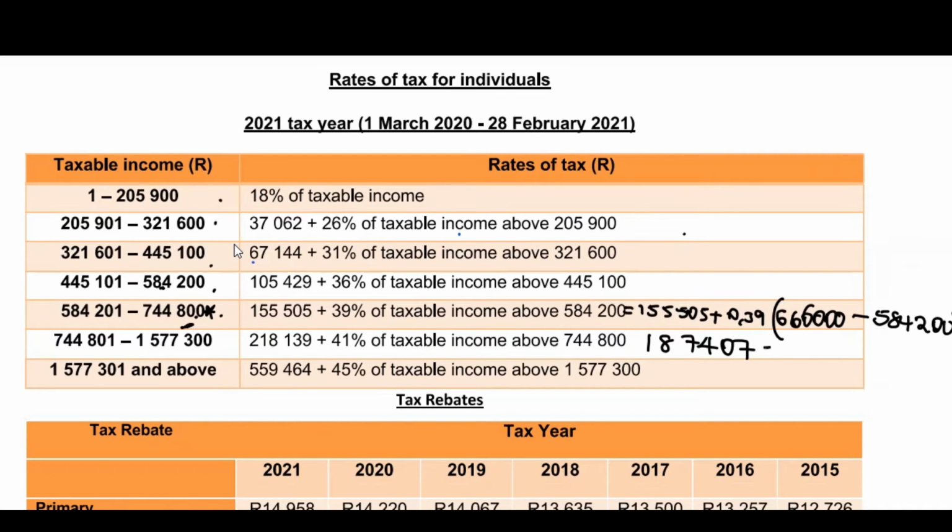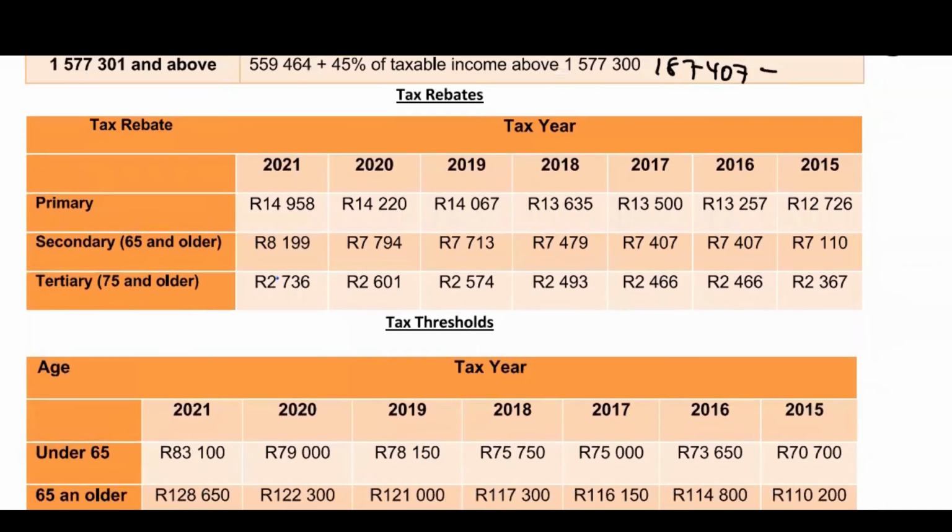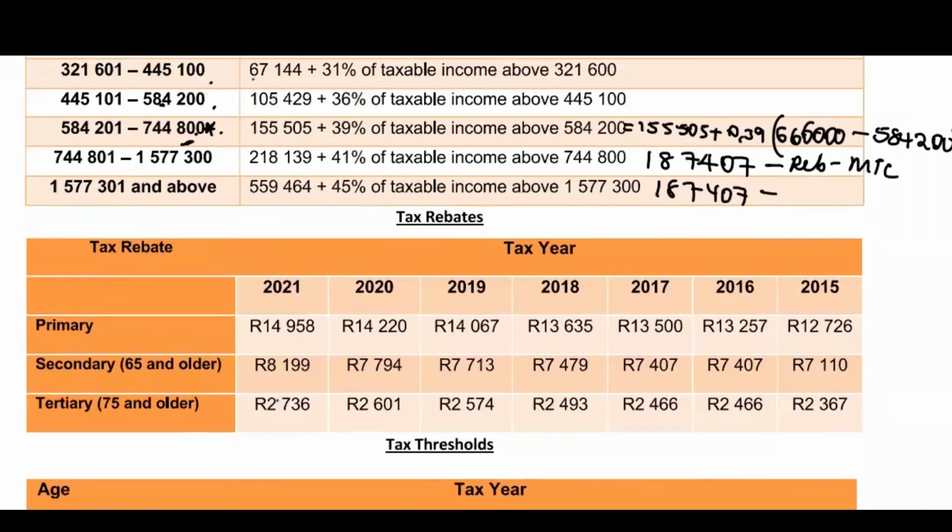Now here, this is when you subtract the rebate and you subtract the medical tax credit. Now the person was 58 years of age. So the rebate, which year are we using?